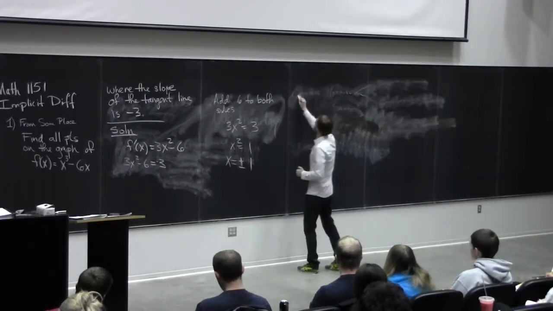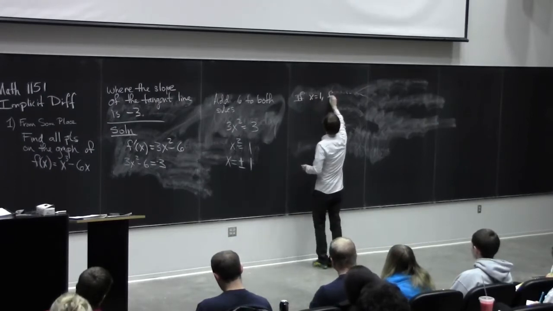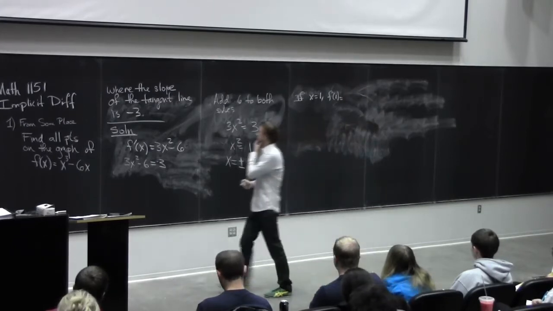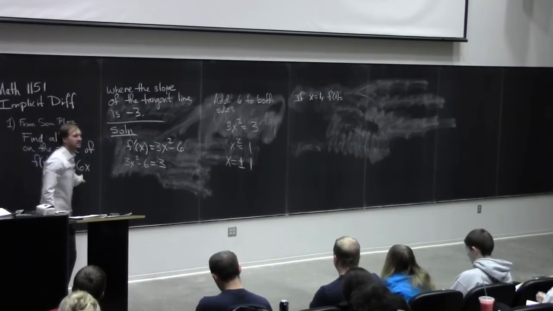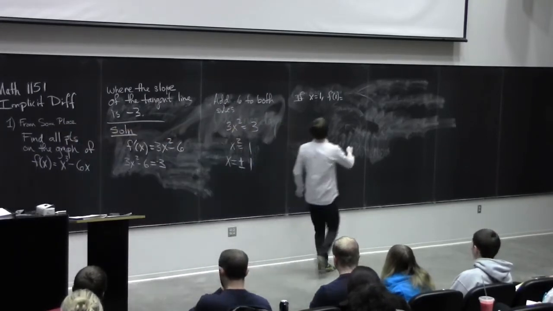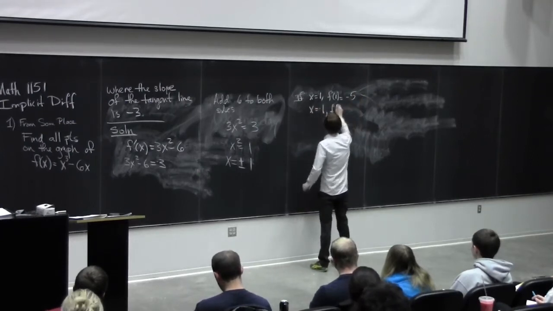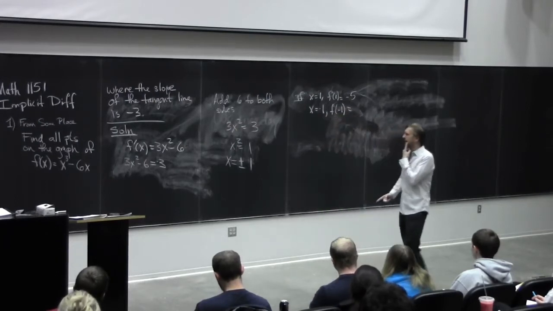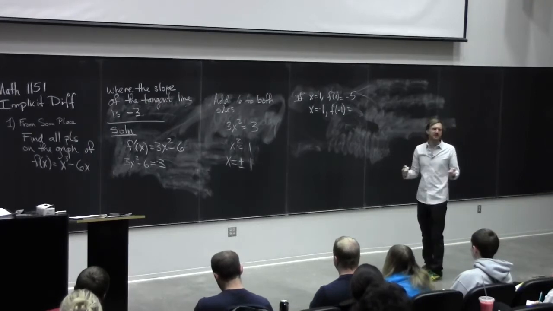So if x equals 1, f of 1 is equal to what? Let's see. 1 cubed is 1, minus 6 times 1 is minus 5. And if x is equal to minus 1, f of minus 1 is equal to minus 1 cubed, which is negative 1, plus 6 times 1.